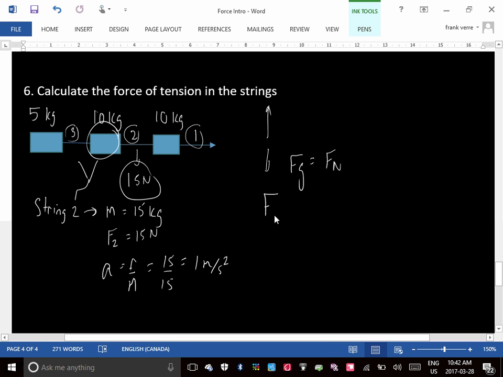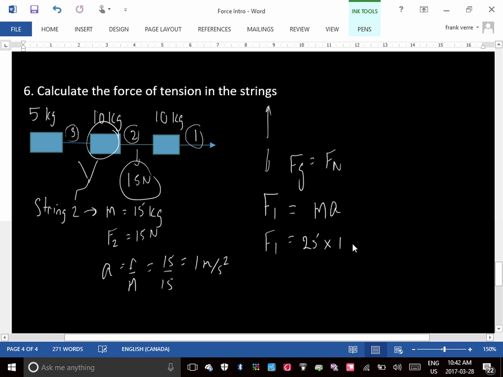So if I want to know what the tension in the first string is, and I know the equation is F equals ma, then all I have to ask is one simple question. Given that the acceleration of the system is the same at any point, what mass is string 1 pulling? Yeah, it has to be 25.